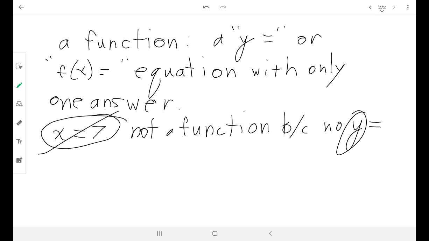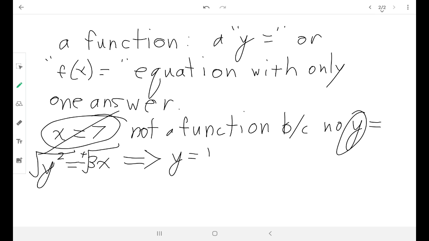If I give you, let's say, a y squared equals 3x, this one you would need to solve, and to solve it, what you would do is you would take the square root on this side and plus or minus the square root here, giving you y equals plus or minus the square root of 3x.